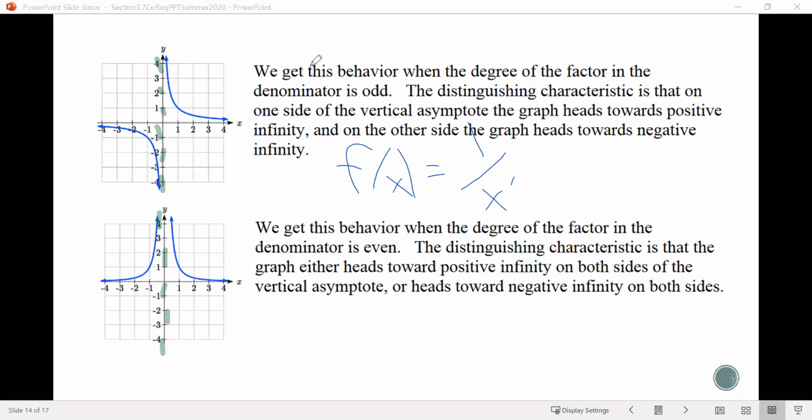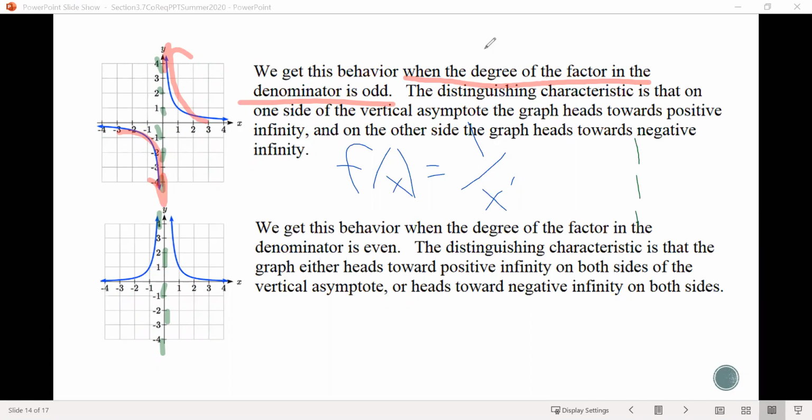On the right-hand side we see the tail going up, and on the left-hand side, the tail going down.